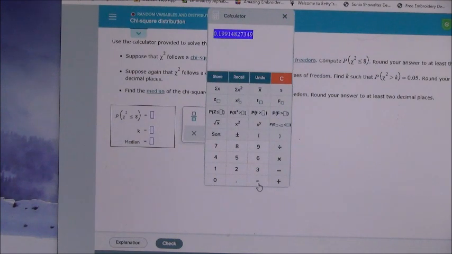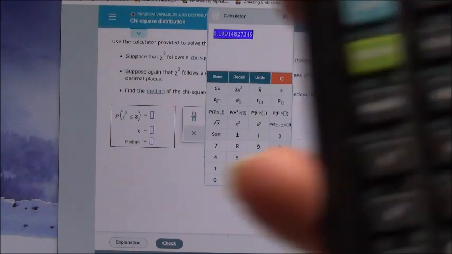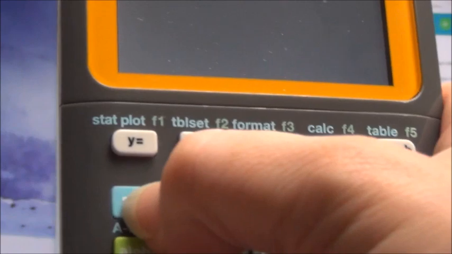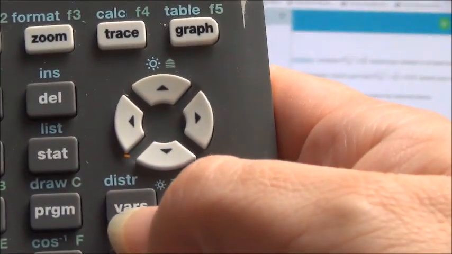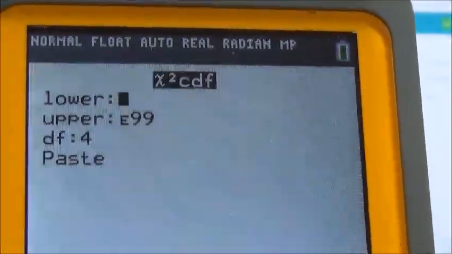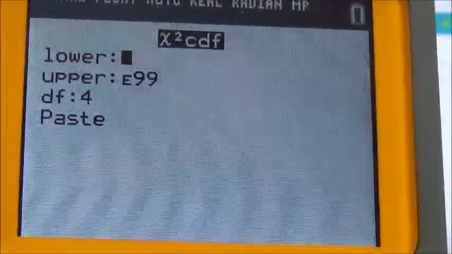Now if I want to do the area to the left on my graphing calculator, again, I'm going to hit my second function button and the vars key to get my distribution menu. I'm going to do number 8, which gives me my chi-squared CDF. Since I'm going to the left, I'm going to start at negative infinity. So make sure you hit the negative way down on the bottom.